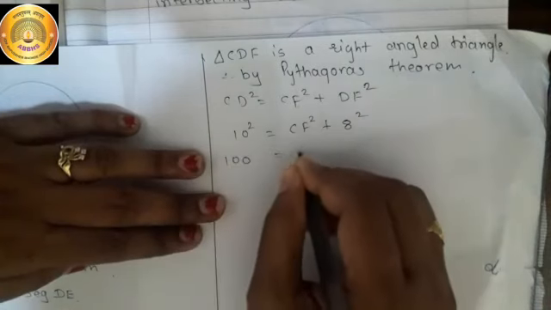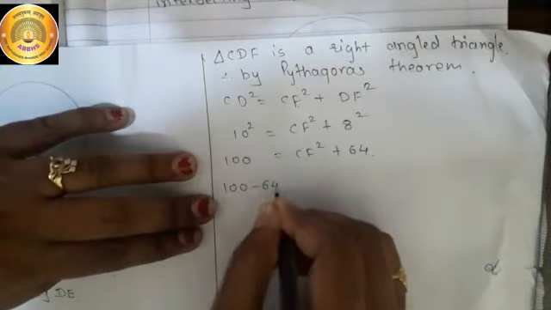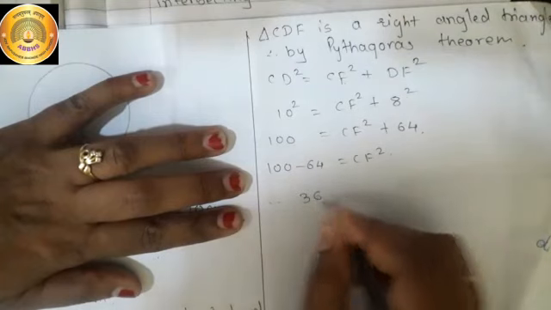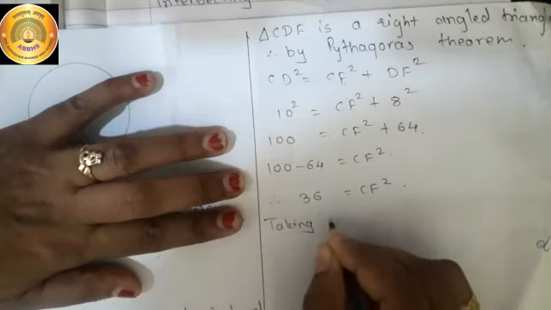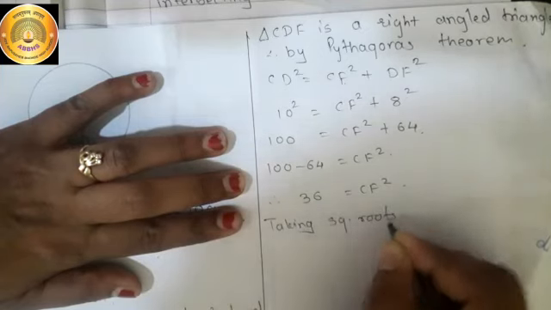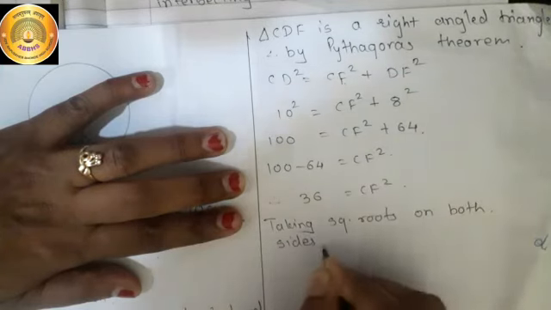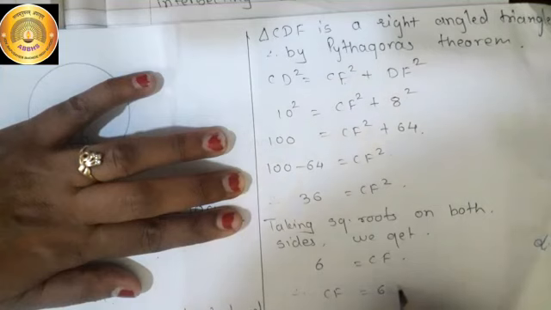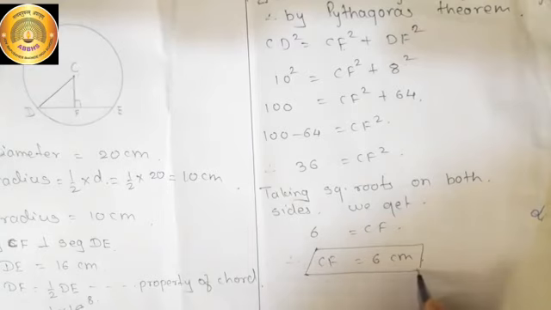So 100 equals CF squared plus 64. 100 minus 64 equals CF squared. Therefore 36 equals CF squared. Taking square roots on both sides, we get 6 equals CF. Therefore CF is equal to 6 centimeter. This way you have to do the activity in your notebook.